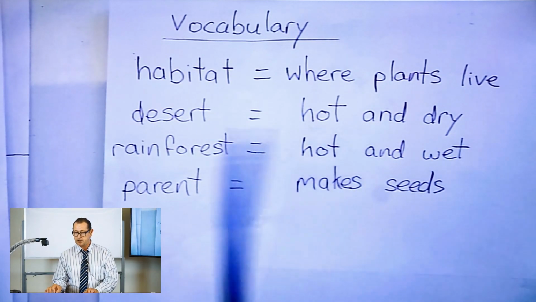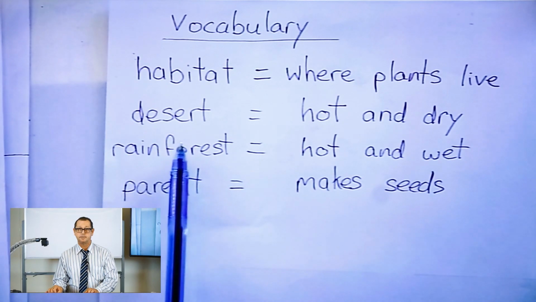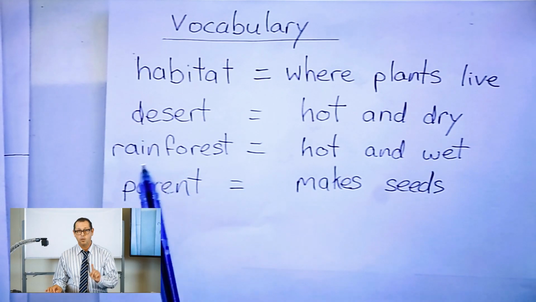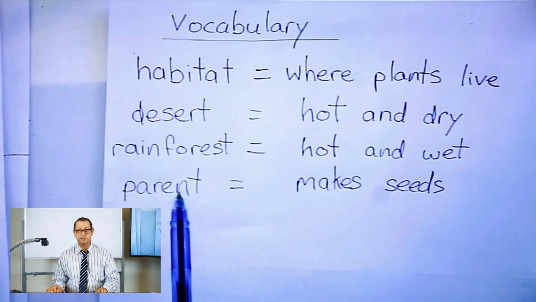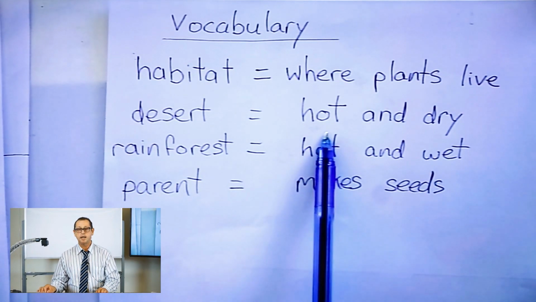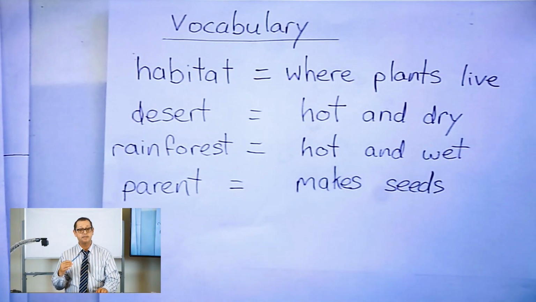Okay, the second word, desert. Desert. Okay, a desert habitat is hot and dry. It is where the cactus live.